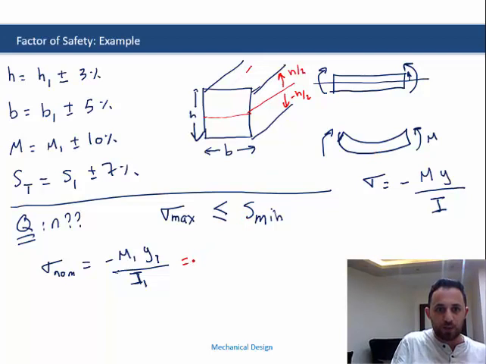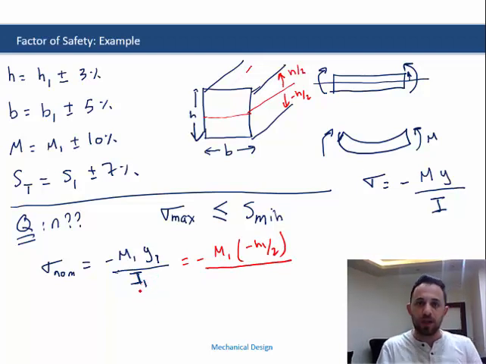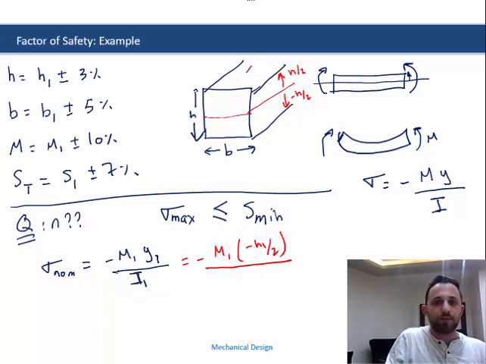So we have minus M1 times minus H1 over 2, over I1. What is I1? I1 is the second moment of inertia, or area moment of inertia, and we can compute it.